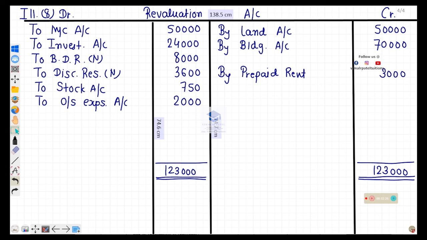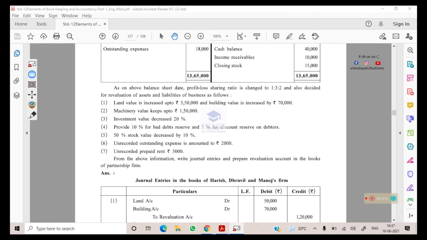So 1,23,000 minus 50,000, 24,000, 8,000, 3,600, 750, and 2,000. Profit sharing ratio 3:2:1.